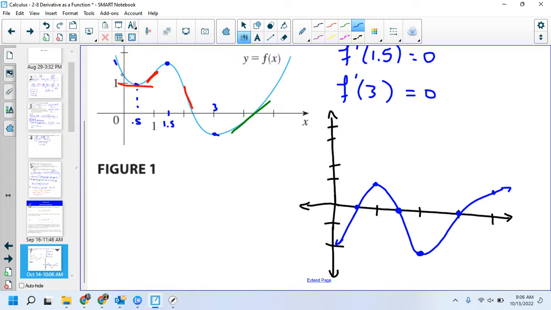If I draw any sort of slope here, that's a negative sloping line. Look, it ends up below the x-axis. Any sort of positive slope in between here, that's why it's positive here. So anywhere where it's increasing on f, it's going to be above the x-axis on f prime. Anywhere where the function is decreasing on f, it's going to be below the x-axis on f prime. There's a lot of different tie-ins that we have here.